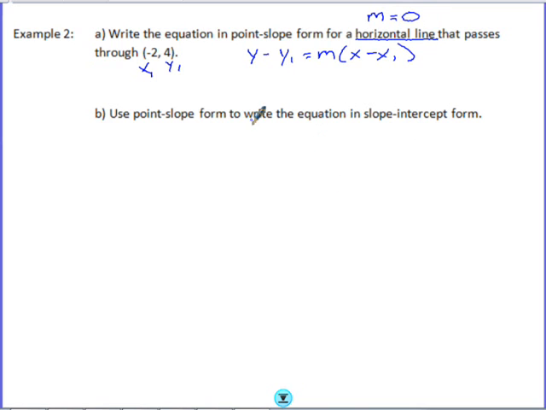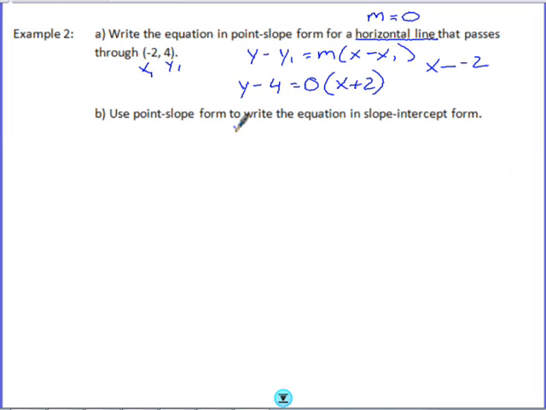Now we can fill that in. y minus y1, which is 4, is equal to m, or 0, times x, and then minus negative 2. Well, minus a negative would be plus. I do want you to go ahead and simplify that. If you need the intermediate step, x minus negative 2, whenever you see that minus negative, we're going to change it to plus, because subtracting a negative is the same thing as adding the number.